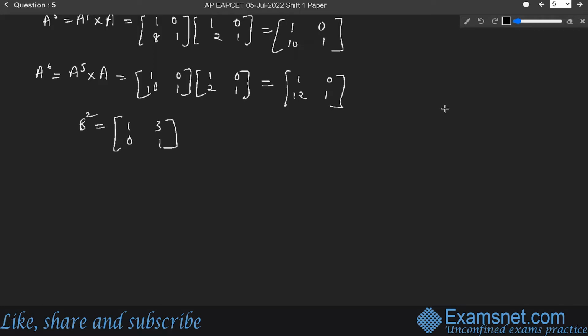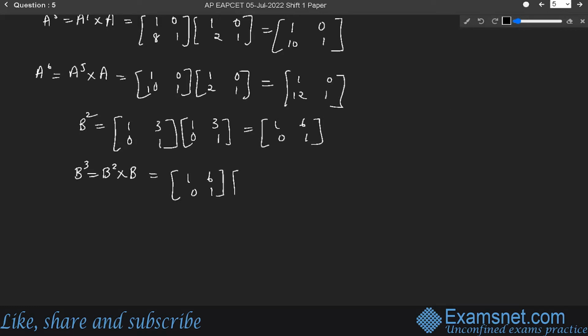So B square will be B into B, which is 1, 3, 0, 1 into 1, 3, 0, 1. On multiplying, it will be 1, 6, 0, 1. Similarly, B cube is equal to B square into B, which will be equal to 1, 6, 0, 1 into 1, 3, 0, 1, which gives 1, 9, 0, 1.